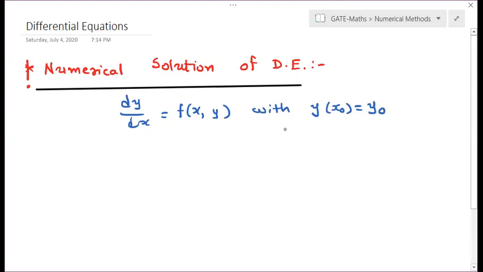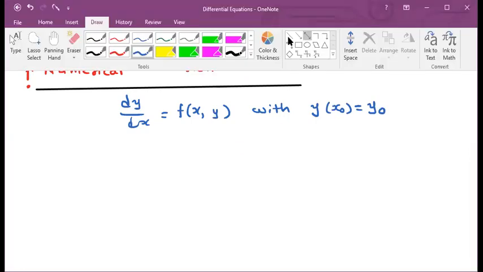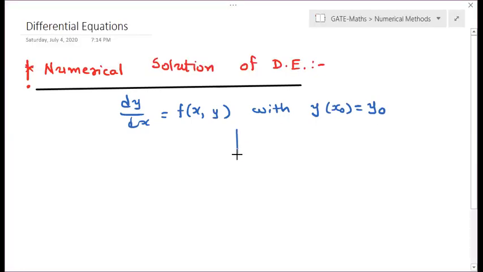So this you can evaluate by two rules. One is Euler's method and one is the RK method, Runge-Kutta method. That I have already shown you previously, or at the start of this class.